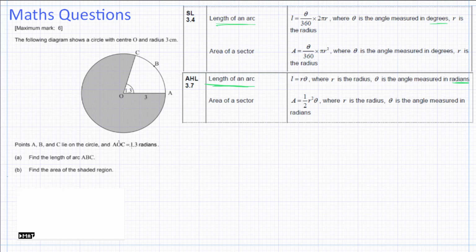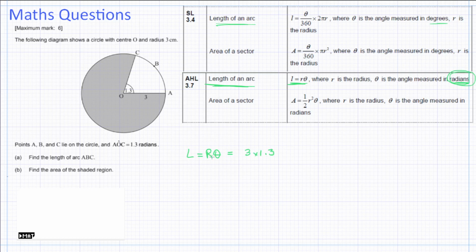So in this problem, you've got 1.3 radians. So your angle is measured in radians. So we'll go for this equation. So the length of the arc will simply be the radius multiplied by the angle if the angle is in radians. So this would be 3 times 1.3.